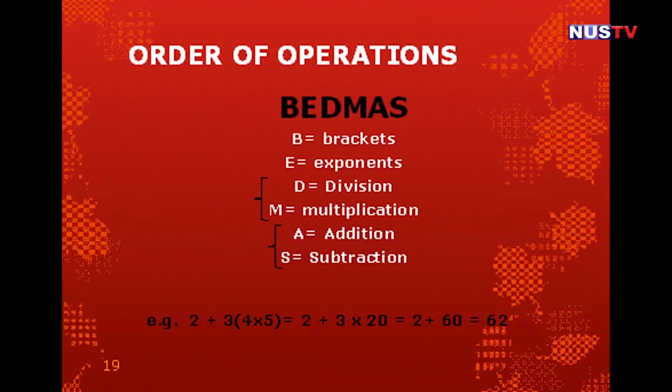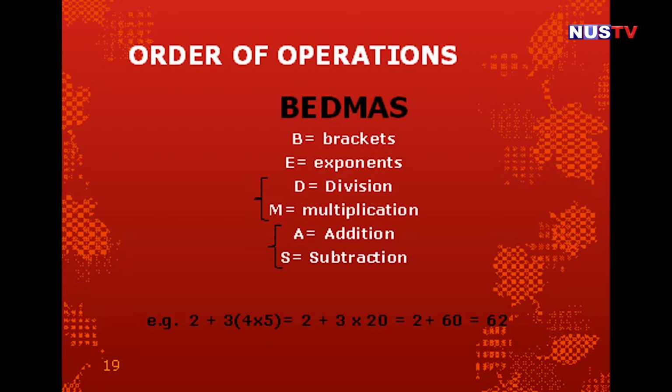Alright, so let's revise our order of operation. This is something that you should already have learned even from primary level, the order of operations. We have a mnemonic and we call it BEDMAS. B stands for bracket, E stands for exponent or power, D stands for division, M for multiplication, A for addition, S for subtraction.